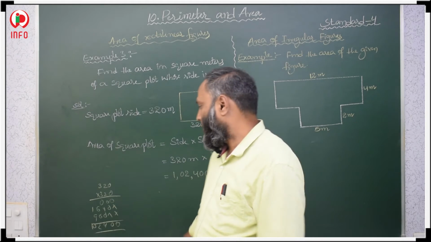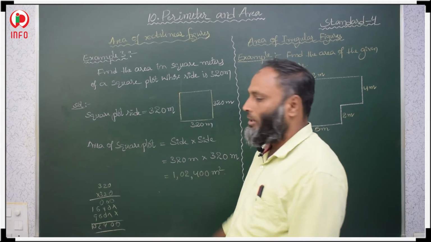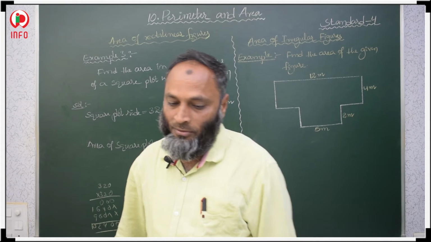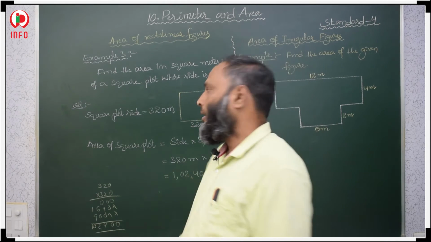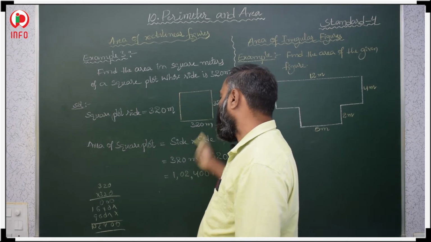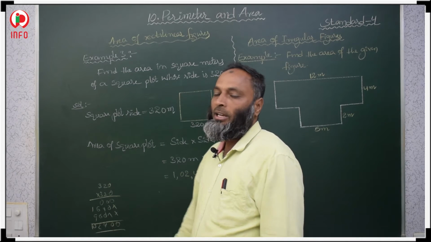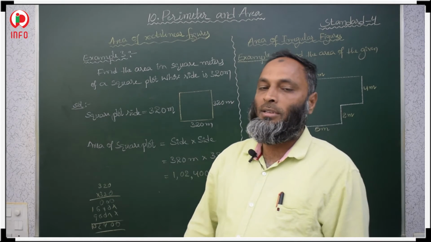This is the area of a square plot. So to find the area of a square plot, we should multiply side with side, like 320 into 320. Then you will get the area of a square plot.